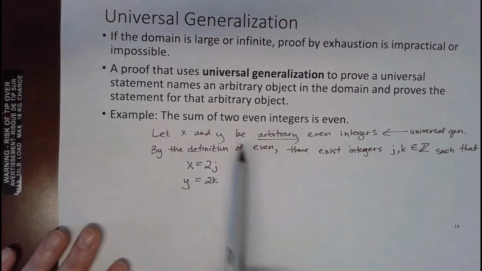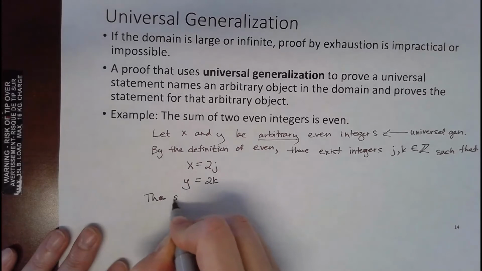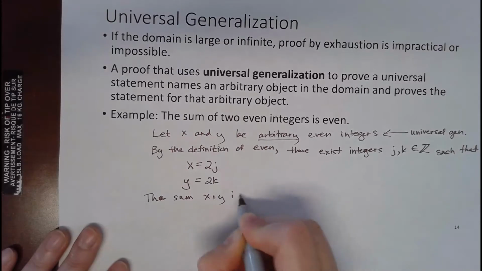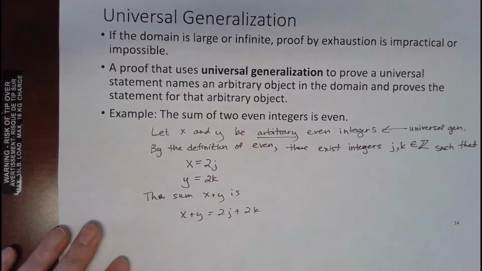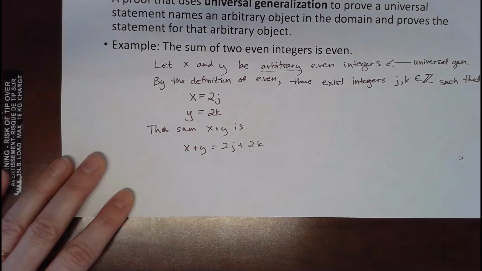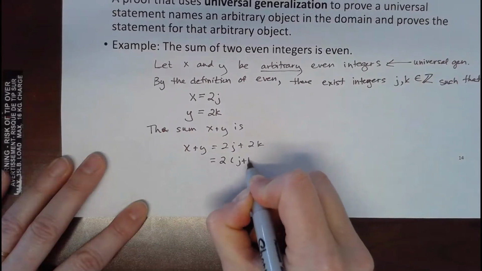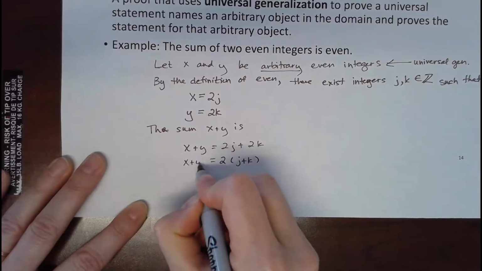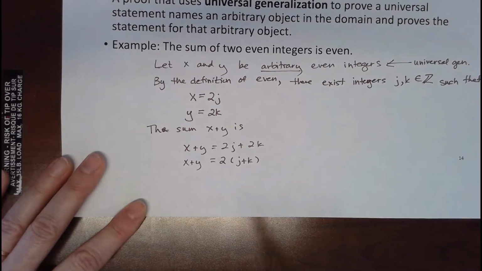Okay, and we're trying to prove something about the sum of those two numbers. So we could say, the sum x plus y is 2j plus 2k. Then, if we factor the 2 out, we can rewrite that as 2 times (j plus k). And we're trying to show that x plus y is an even integer. Remember that an integer is even if I can write it as 2 times some other integer. So our question is, is j plus k an integer?